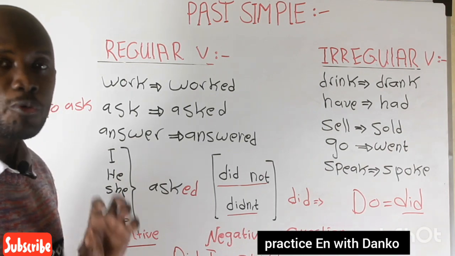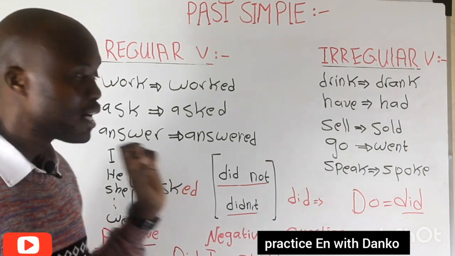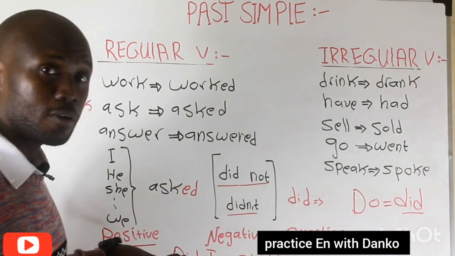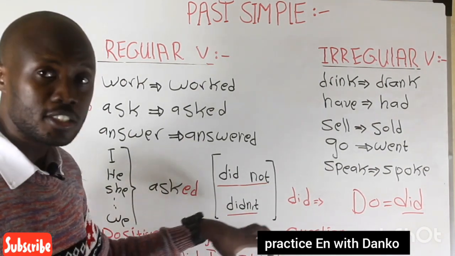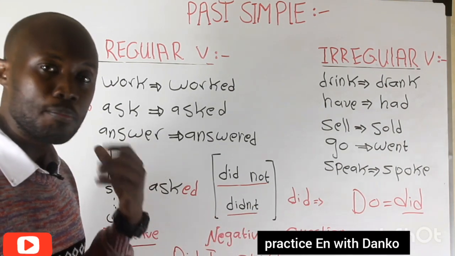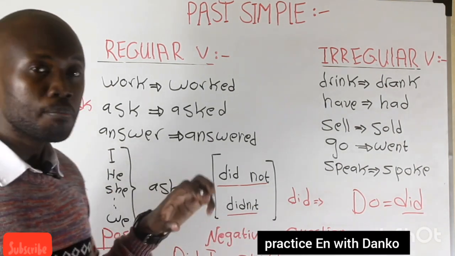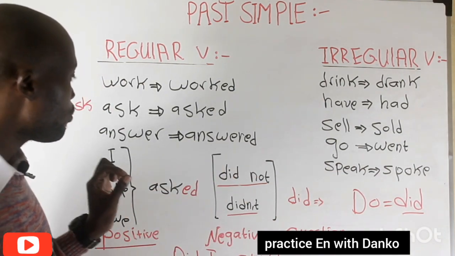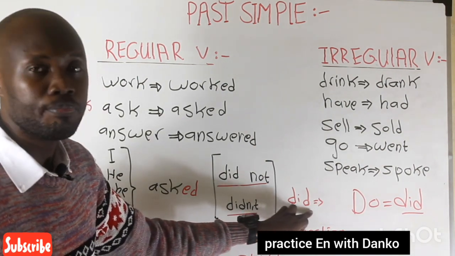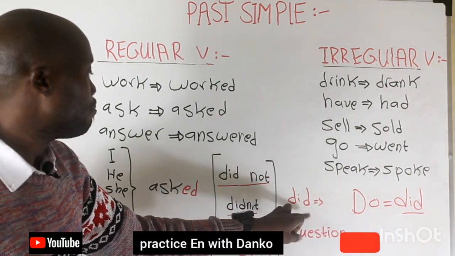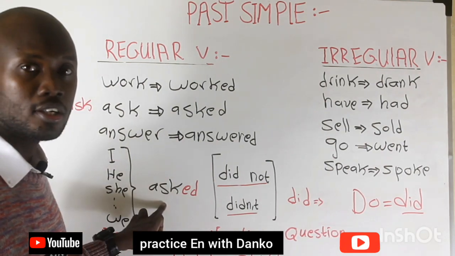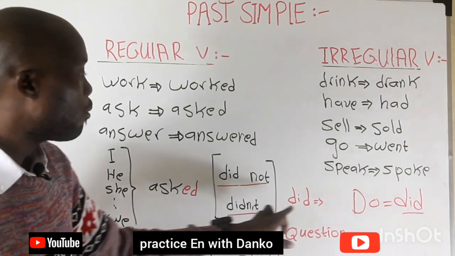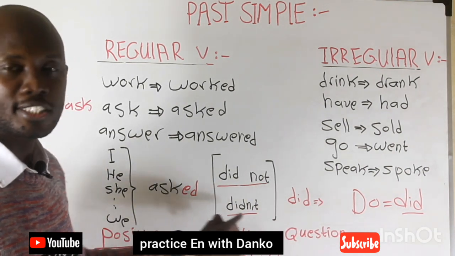Okay, so if we need to make a question form in the past simple, both of them are in the past, even the positive and affirmative sentences and negative sentences all talk about the past simple tense. So how do we use the past simple tense in question form? Okay, in question form, we need to start with the verb did. It becomes did I ask, or did she ask, or did they ask.